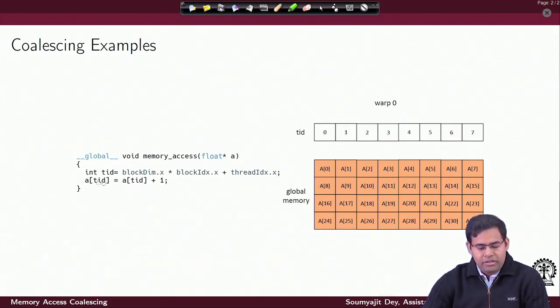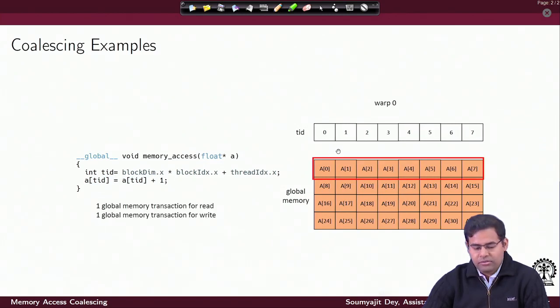So when this line of the code is executed by all the threads inside the same warp, what really happens? What are the memory elements that are accessed? As you can see, by looking into the access expression, you just access the memory location corresponding to the TID.